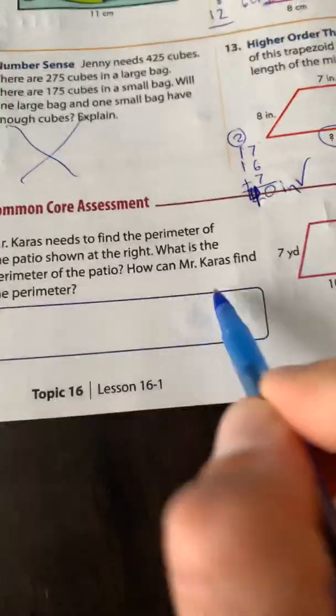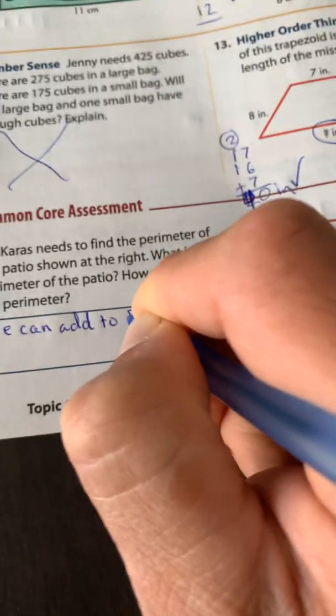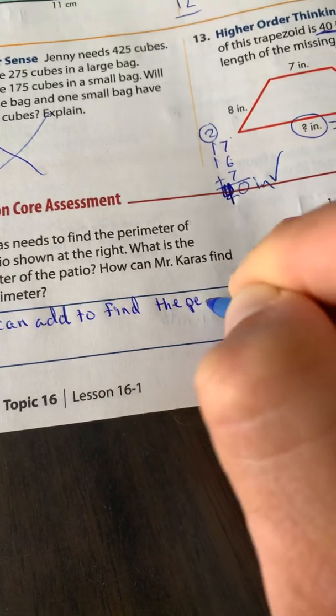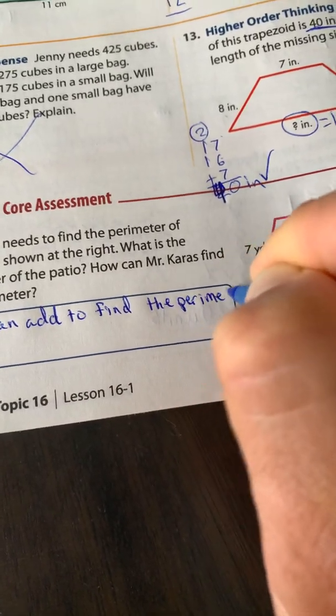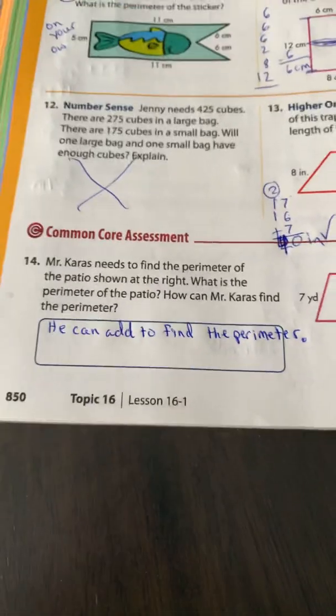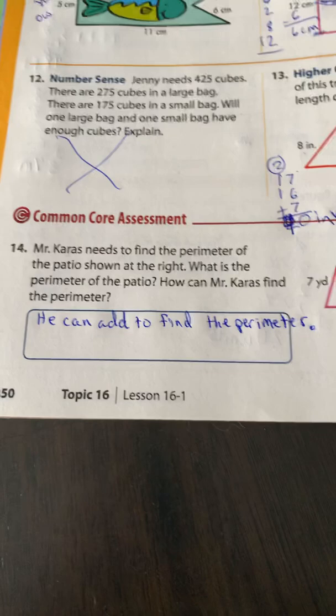So how can Mr. Karras find the perimeter? He can add to find the perimeter. What does he need to add, Natalie? Good, all of the numbers.